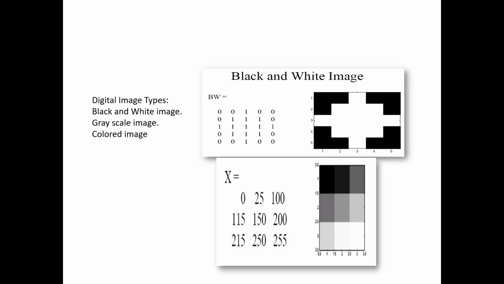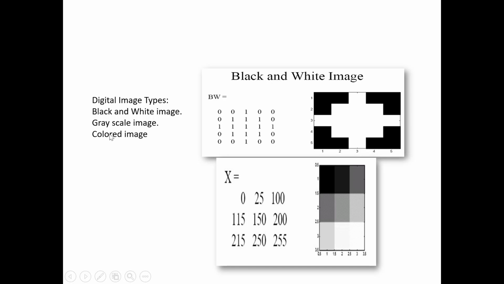So 256 means from 0 to 255, a total of 256 values. This is how we can understand the grayscale image.